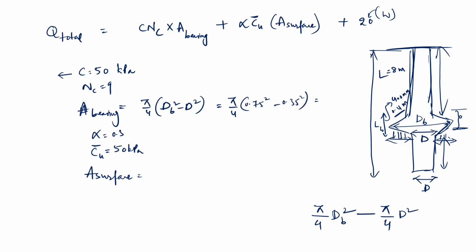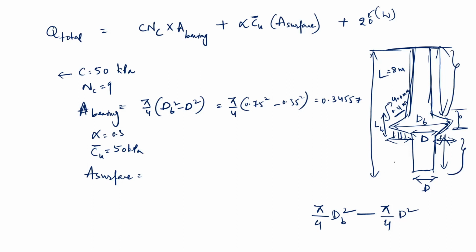So I calculate, it is 0.34557. Then A surface. See, for the surface area you have to take only this portion. You cannot take this portion.